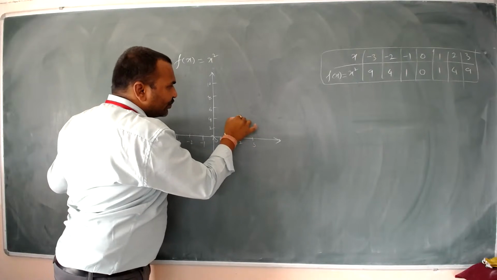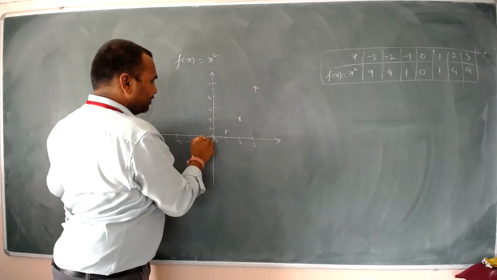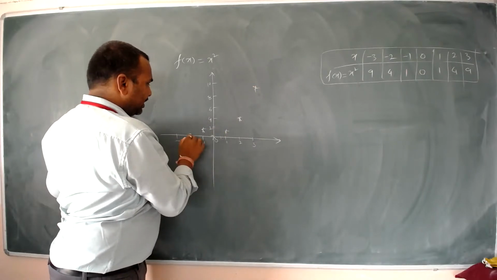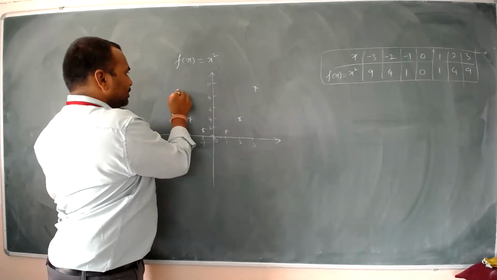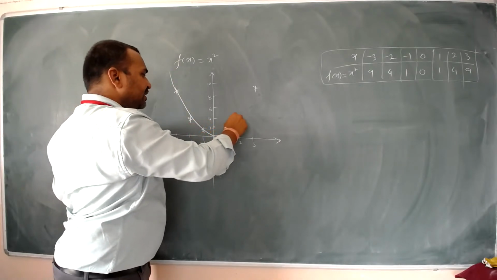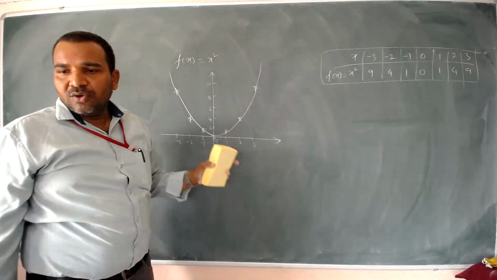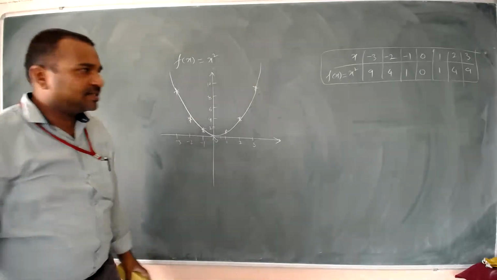At 2, 4. At 3, 9. At -1, 1 only. At -2, 4. So the graph should be like this. It is a parabola symmetric along the positive y-axis.